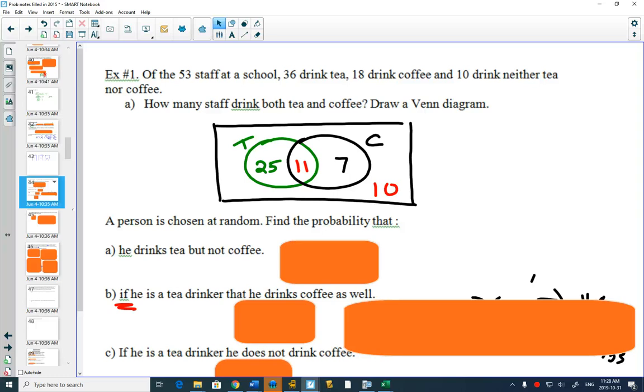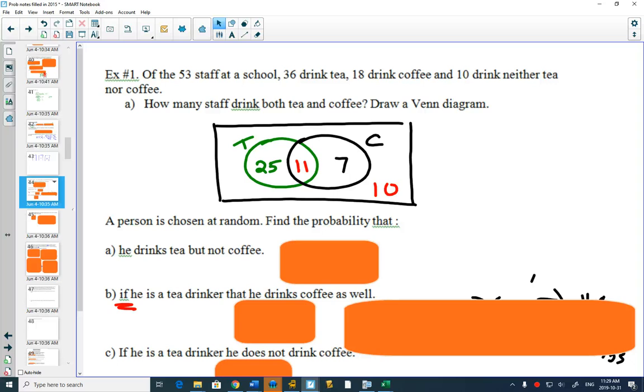If you add up the 36, the 18, and the 10, it will add up to 64, which is more than 53. It's 11 more than 53 because you counted that middle section twice. So you could have found the 11 first as one strategy.